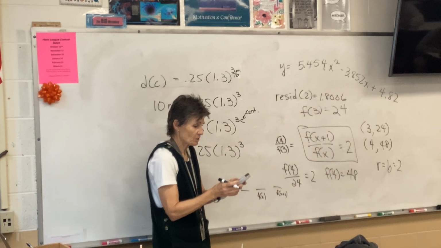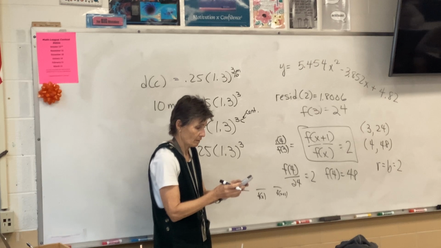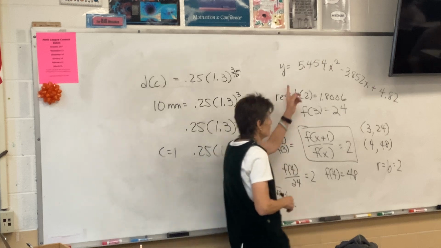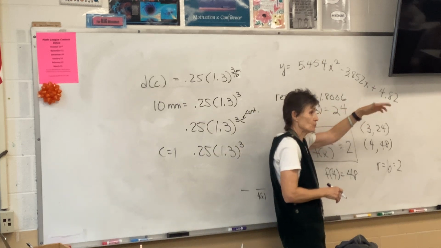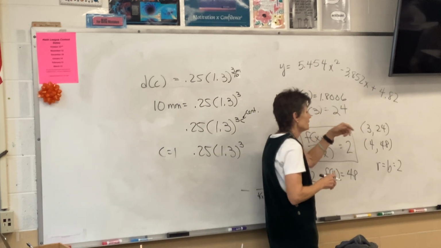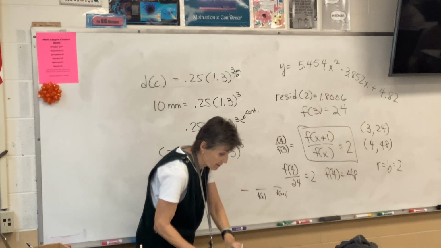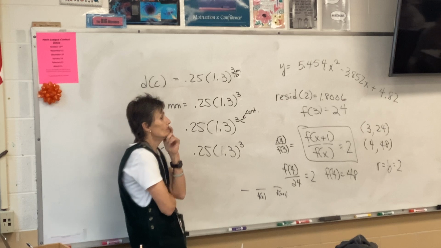What are my other options? What else could I do? Plug 2 into my equation, use my y variable, and then subtract: 20.73 minus that.